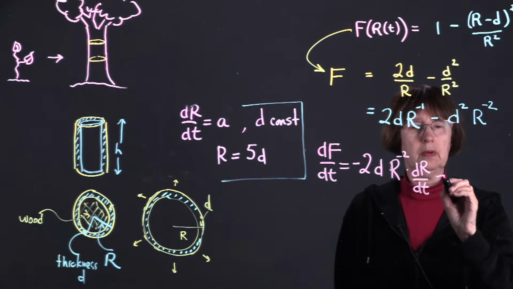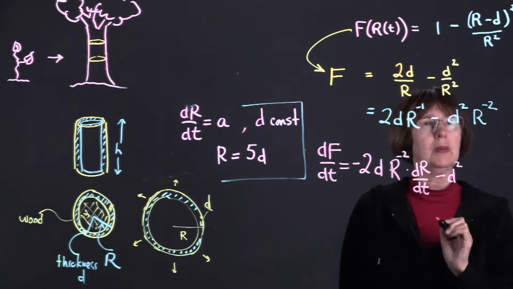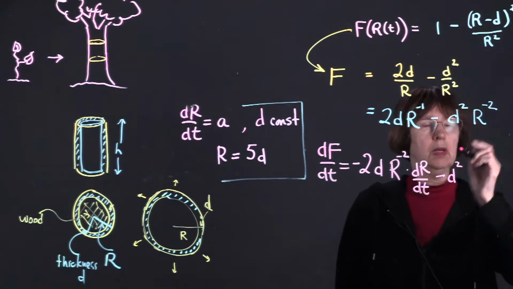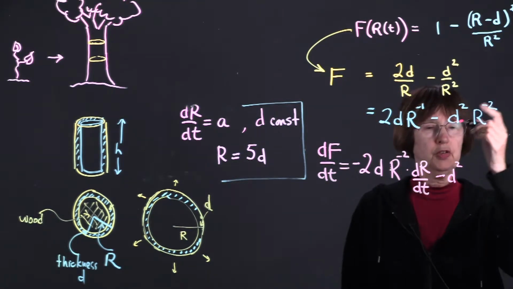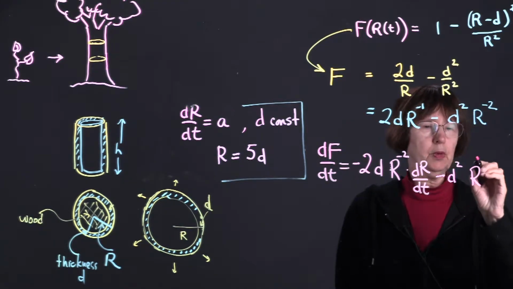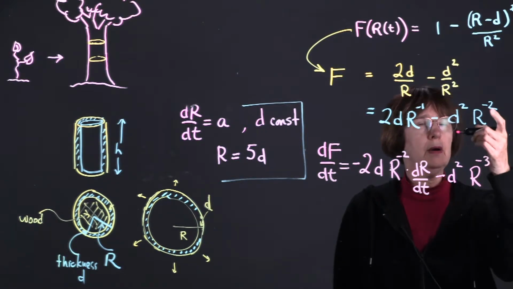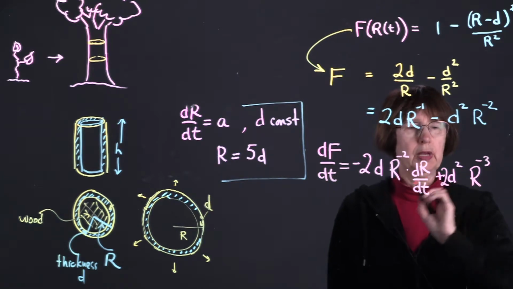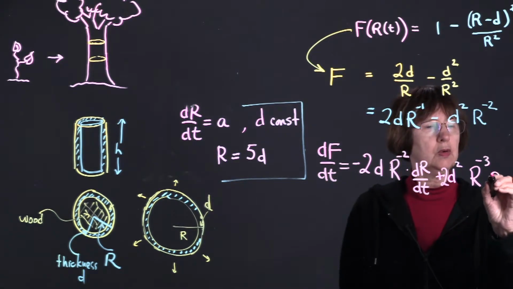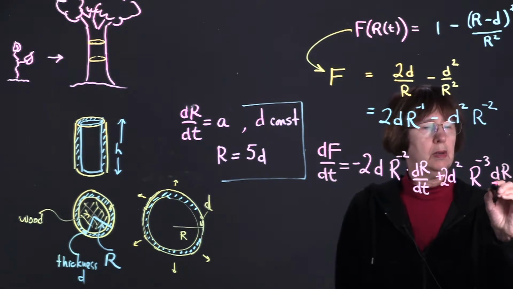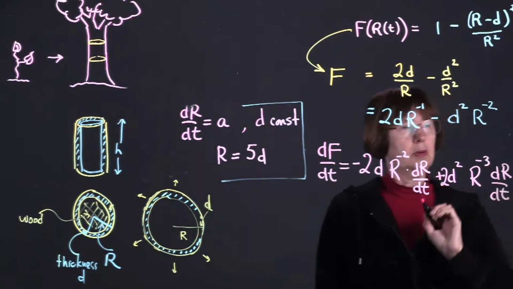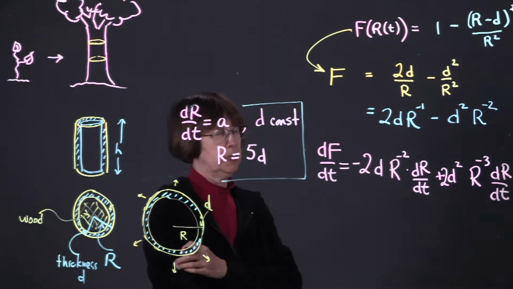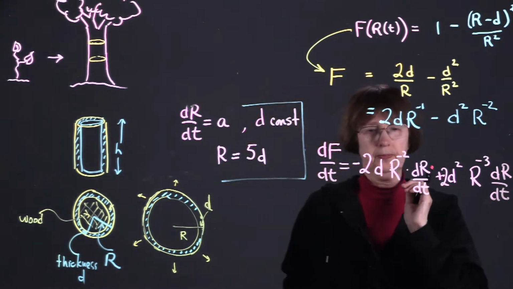Here, the constant d squared comes out. Now, R to the minus 2, when we differentiate this, we'll get R to the minus 3. A minus 2 will come out, turning this to a plus and putting a 2 down here. Now also, we have a chain rule applicable to this term, and so we have dR/dt appearing here as well.